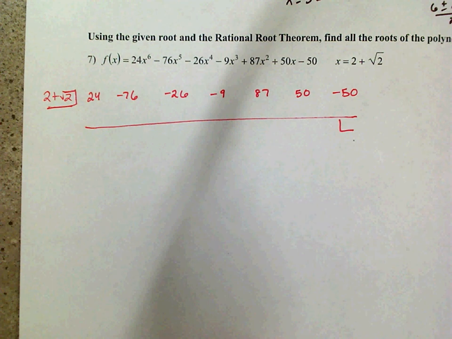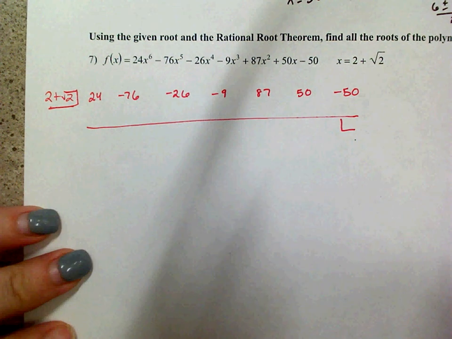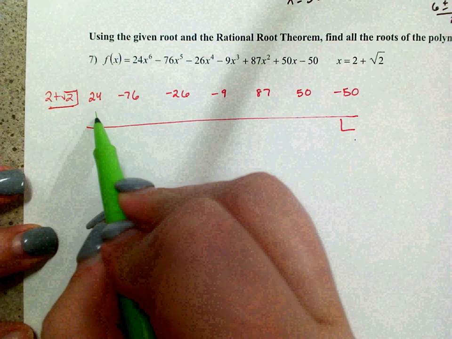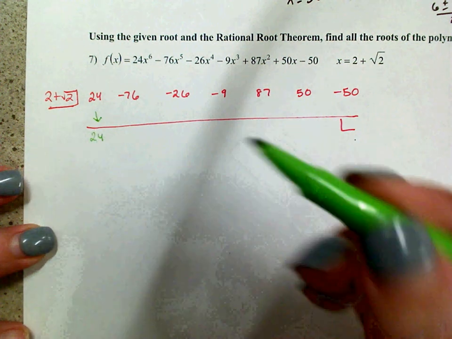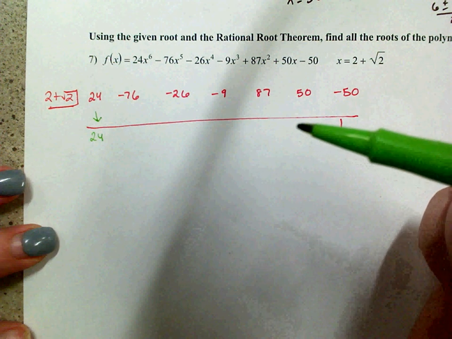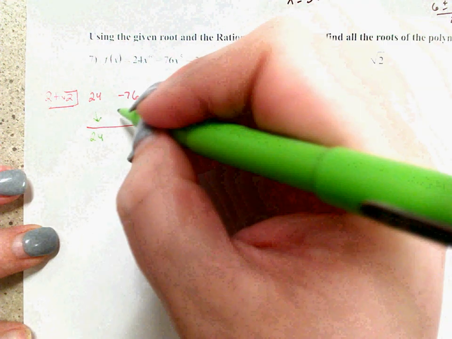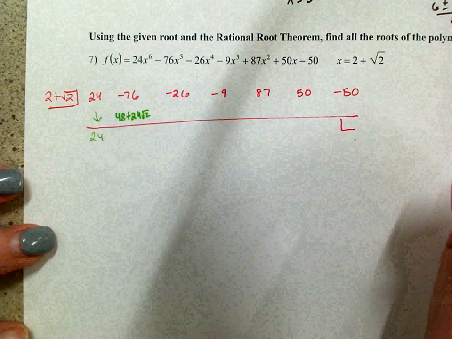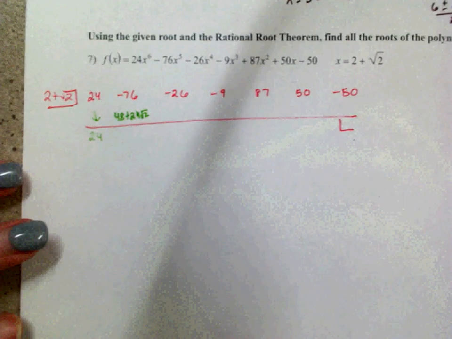All right, so drop the 24. 24 times 2 plus the square root of 2, so that's 48 plus 24 square root of 2. 76 minus 48, 76 minus 50 is 26, so 28, negative 28.